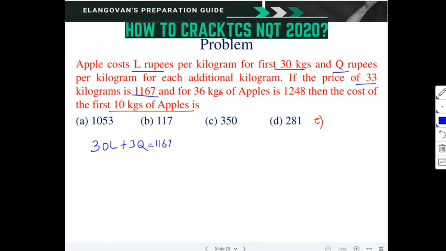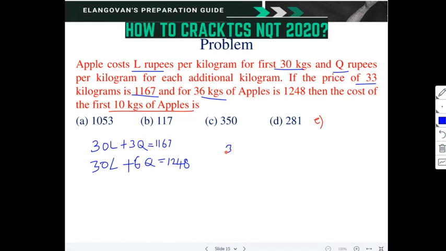And what is the second thing given? 36 kilograms. So 30L plus 6Q is equal to 1248 rupees.